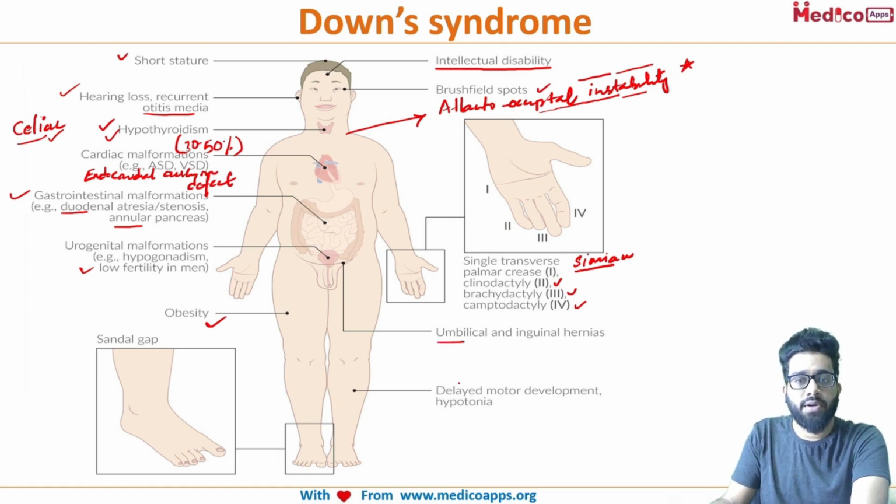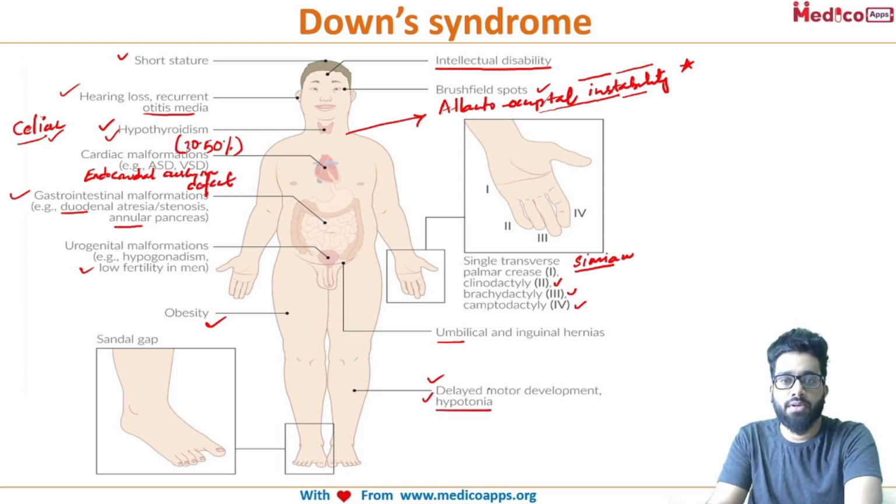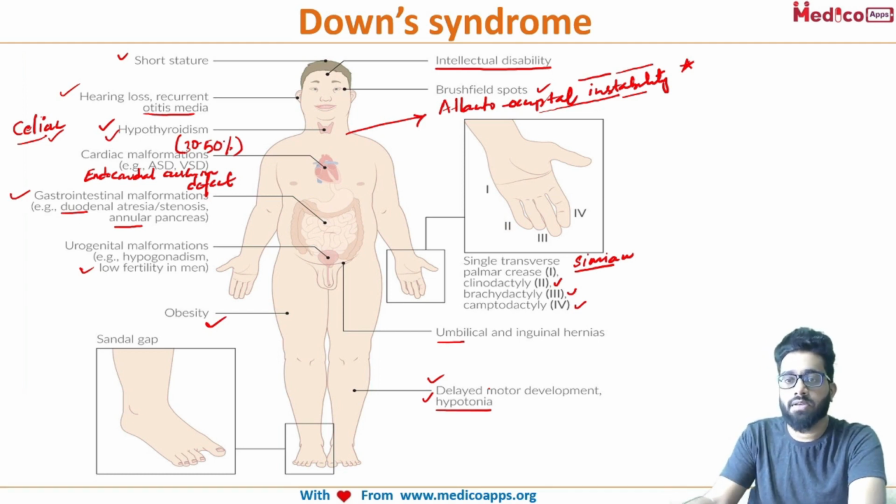And because the joints in the bones are not growing properly, you can have delayed motor development and a very significant clinical finding in the neurological manifestation, that is hypotonia. You have significant hypotonia. So these are the organ systems which are involved in Down syndrome. Apart from this, these children are prone to a condition in infancy called transient myeloproliferative disorder.